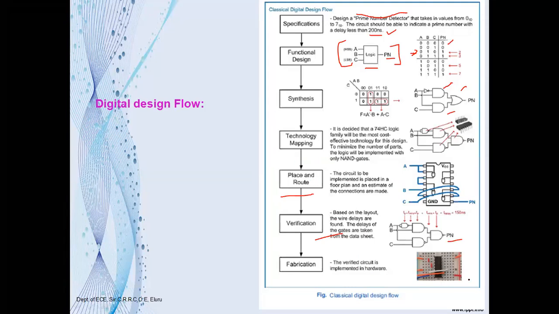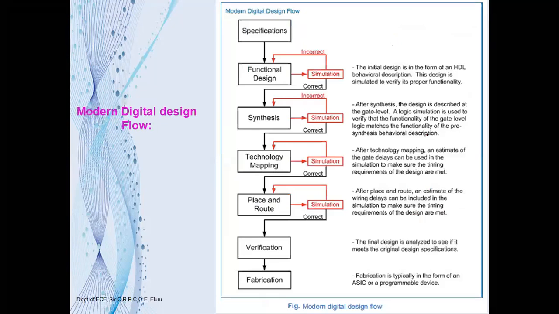So these are all the traditional way of the digital design flow, or a classical digital design flow. Most of the time we are involved manually, physically, to do all this process. But in modern digital design, you will have the same steps. What is the difference here?